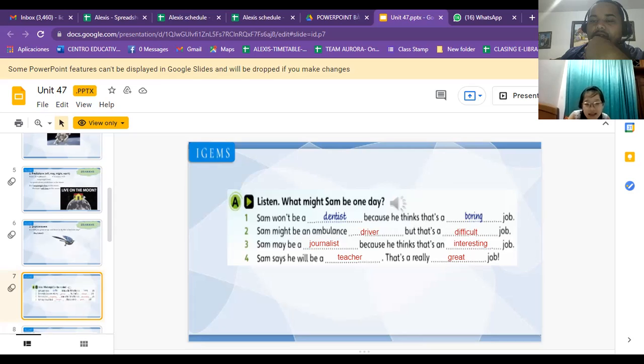Sam might be an ambulance driver, but that's a difficult job. Okay, look at this. You're going to take the first part right here, number 2, as we did in number 1. You're gonna take this part of the sentence, and you will complete it with your best choice right here. For example, in another city, in another country, or on another planet.